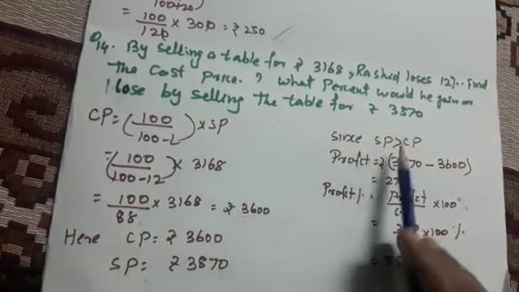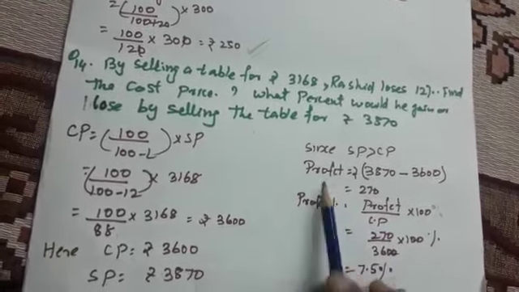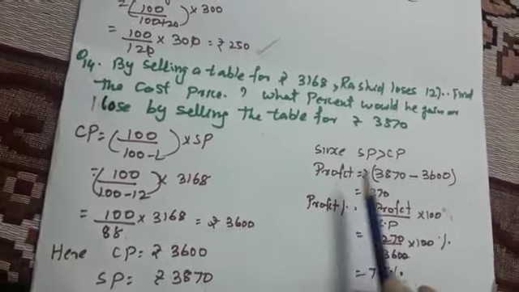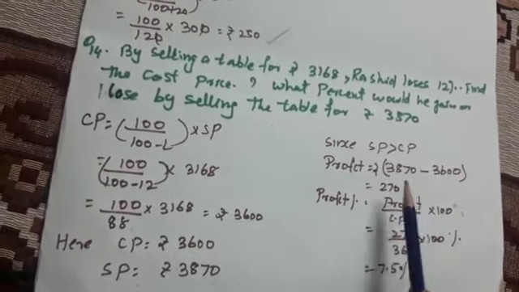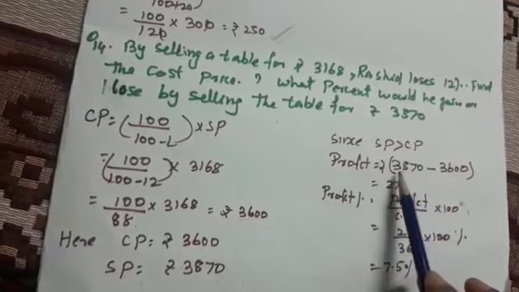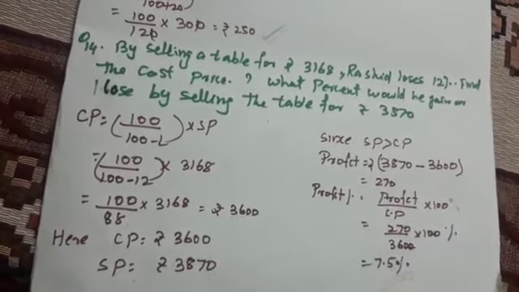Since SP is greater than CP, there is profit. We know profit is SP minus CP. So 3870 minus 3600, that is rupees 270.